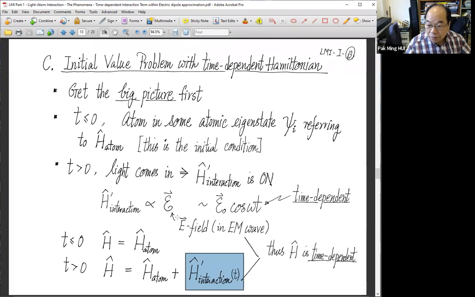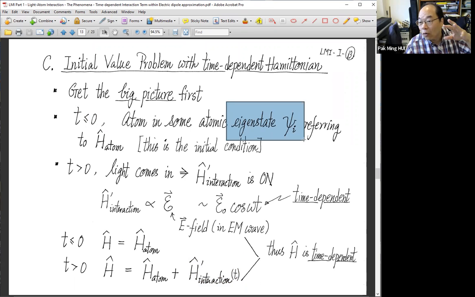Big picture first, technical things later. So we set a time called 0. You may call it T0 to be more general. So before that, the atom is in some energy eigenstate that I call phi I. You may think of the I as initial. Or later on, we call it phi 1.